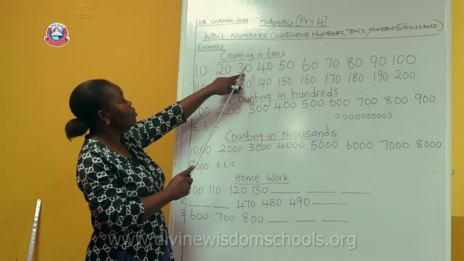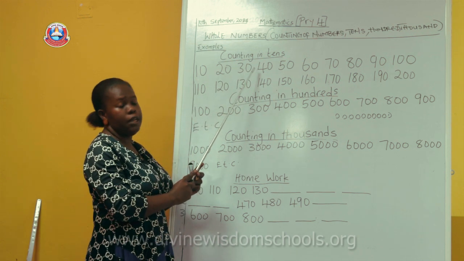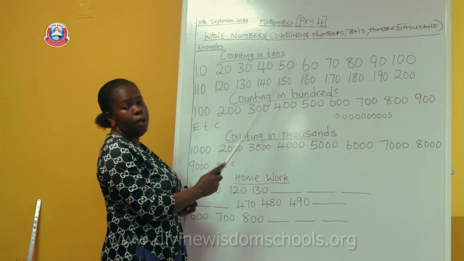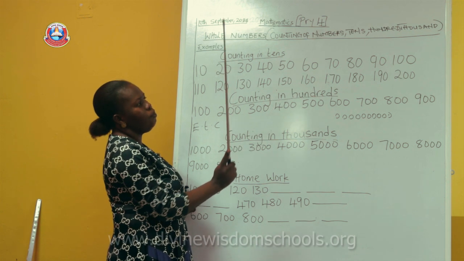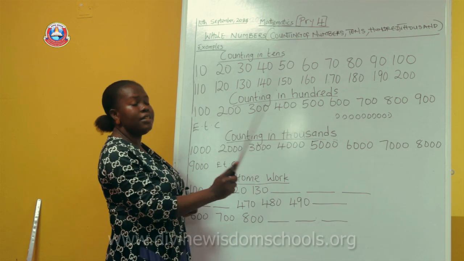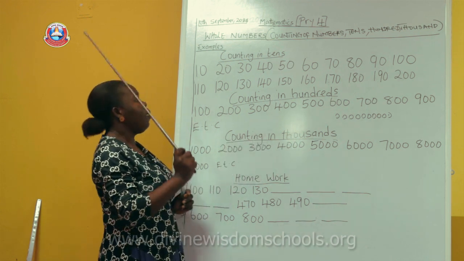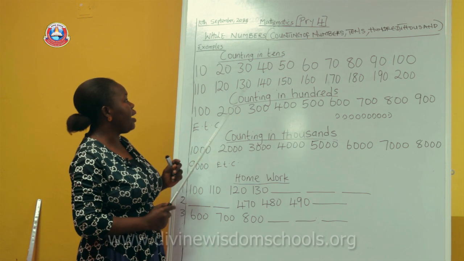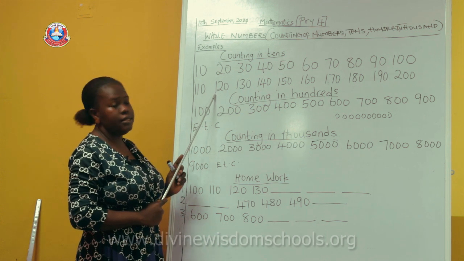So when we add 10 to 30 now, it will give us 40. Plus 10, 50. Plus 10, 60. Plus 10, 70. Plus 10, 80. Plus 10, 90. Plus 10, 100. Plus 10, 110. Plus 10, 120.